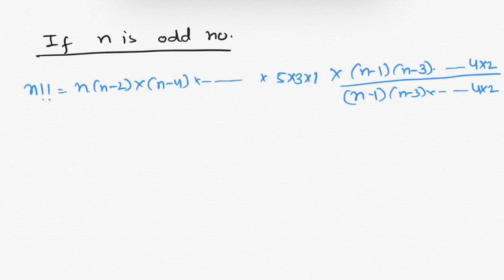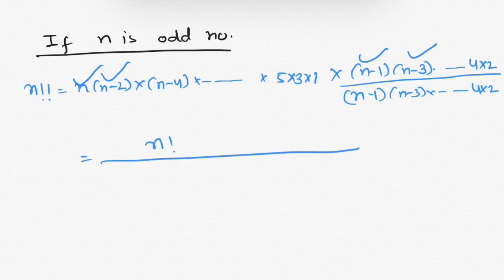If you pay a little attention, you can see that the numerator is factorial of n, because n into n minus 1 into n minus 2 into n minus 3, so the numerator is factorial of n. And the denominator is n minus 1 into n minus 3 into 4 into 2.